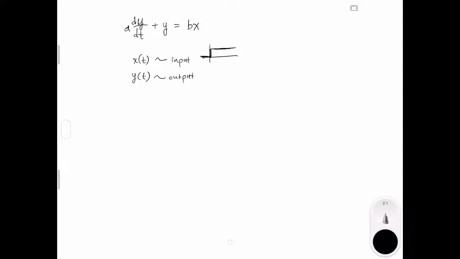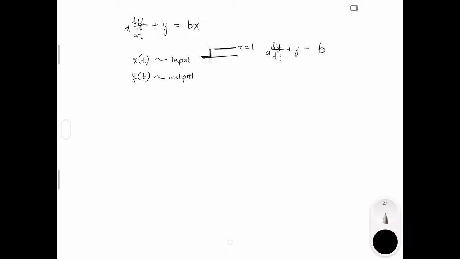So here, it's actually not a function of time since it's a constant value. Say it's a constant value of 1. It could be any number, but I'm just saying 1 for simplicity, in which case this form reduces down to a dy/dt plus y is equal to b, right?